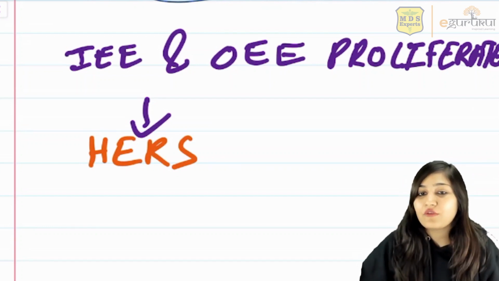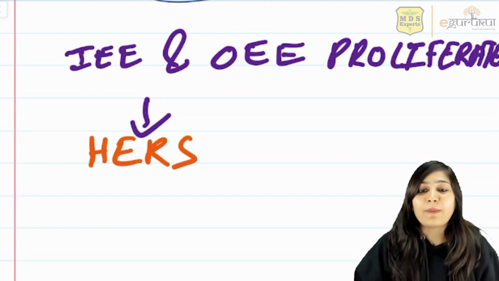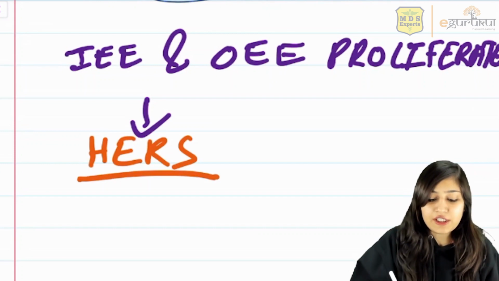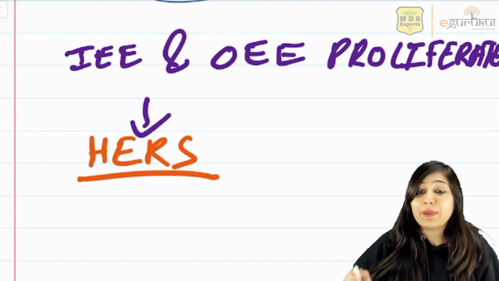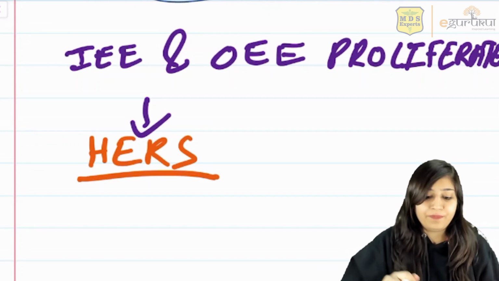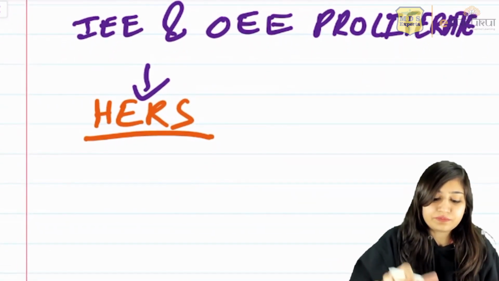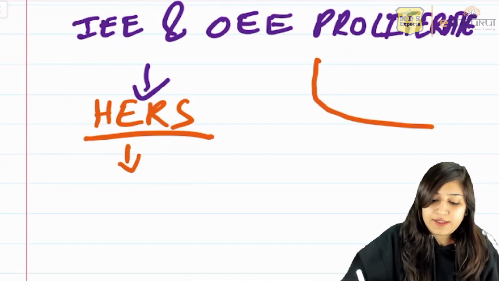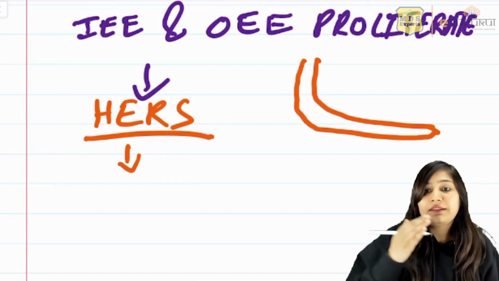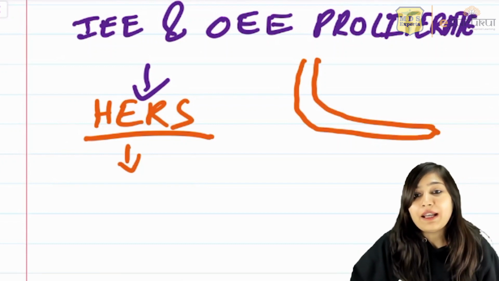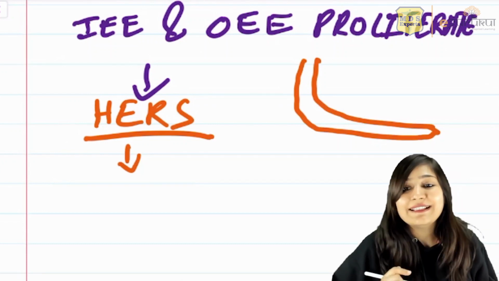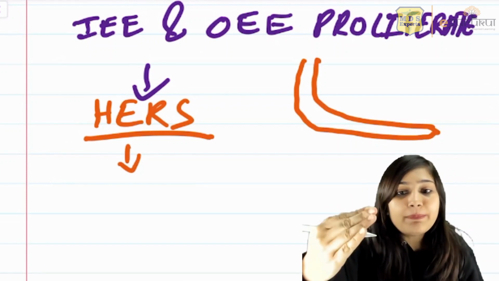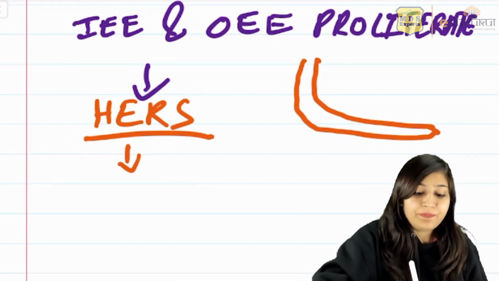HERS is involved in root formation, so it is also involved in formation of dentin. HERS, Hertwig's epithelial root sheath. Now here you can see this is HERS. It separates dental papilla from what? Dental sac. They separate dental papilla from dental sac.